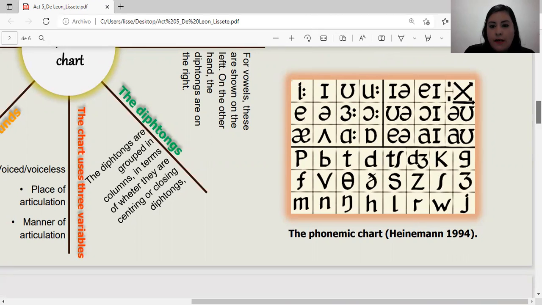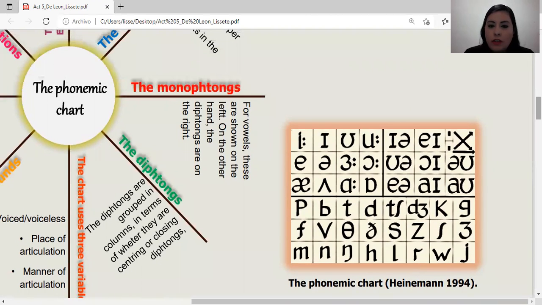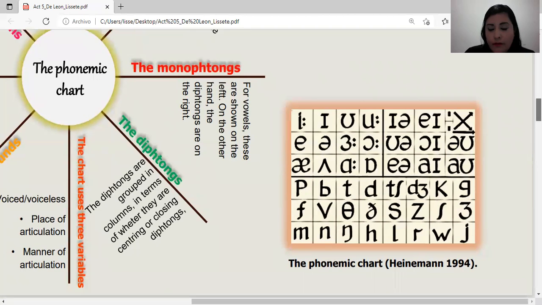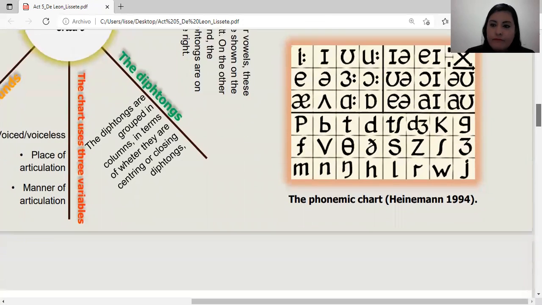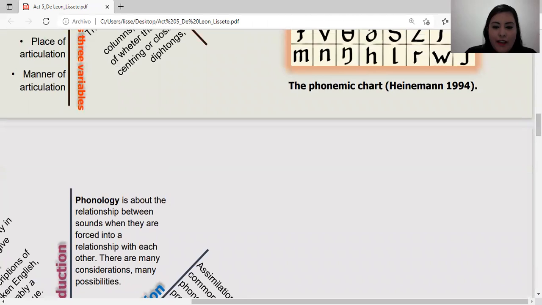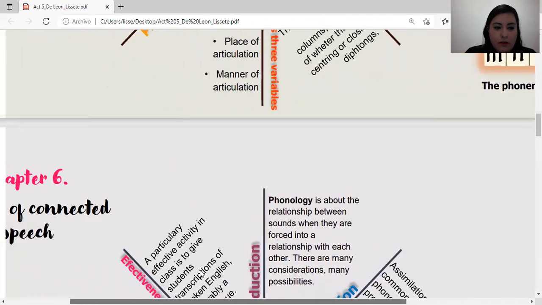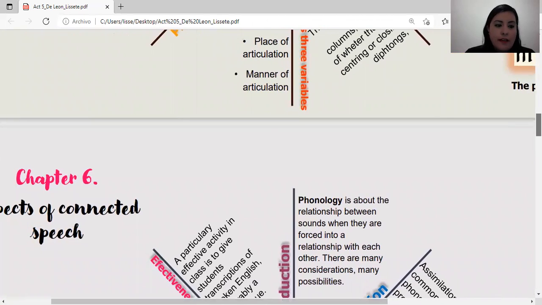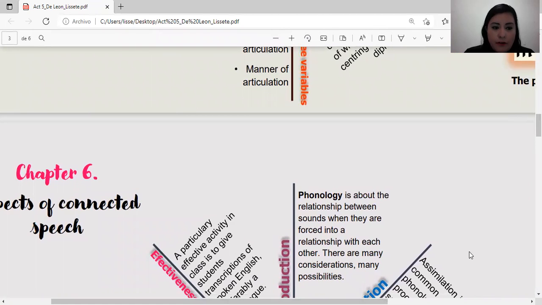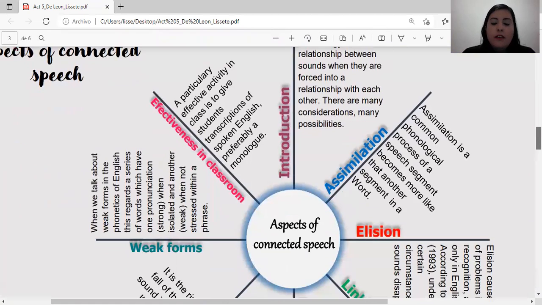This is the main tool that teachers use when we teach pronunciation in English. As you can see, it has different symbols according to the word. Now I'm going to pass to the next subheading that I have already mentioned, aspects of connected speech.